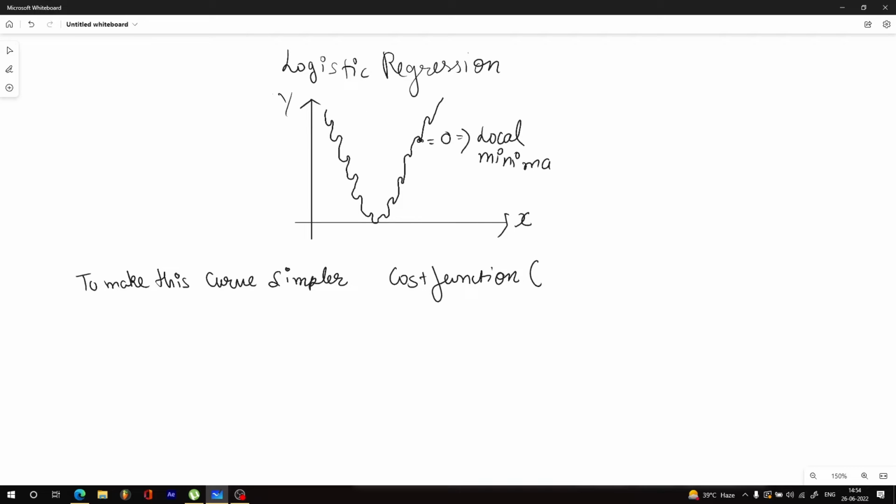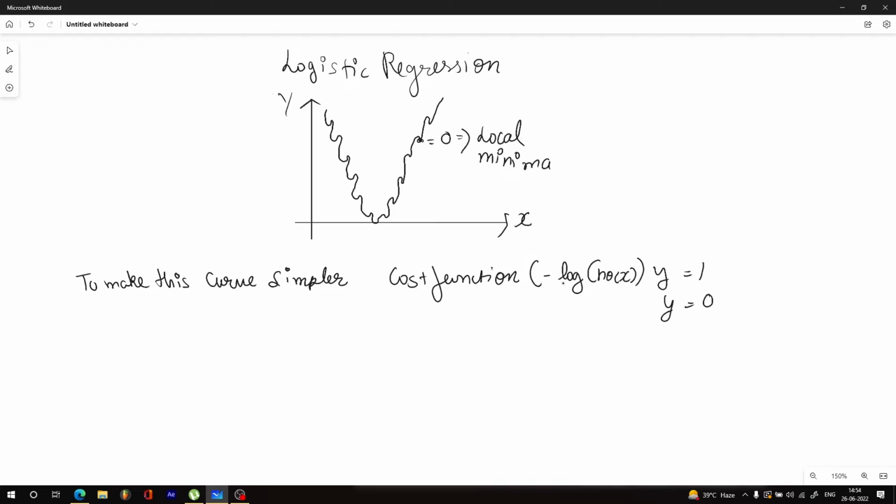whenever our y is equal to 1, we are going to use log of h theta x.